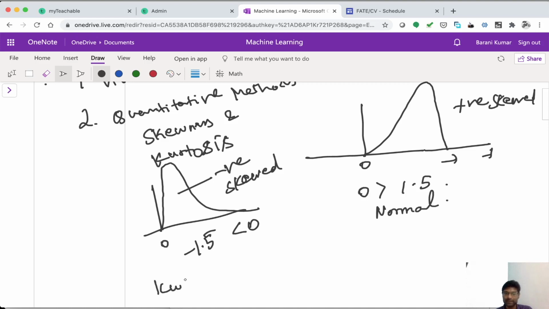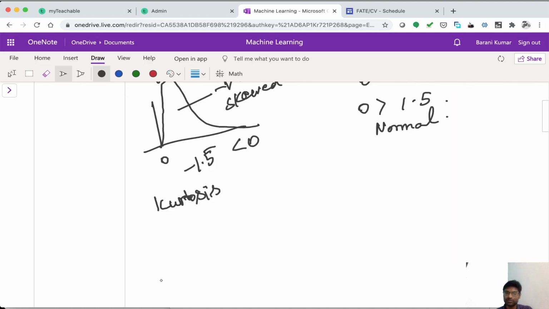And the second parameter, kurtosis. Again, this is going to be a visual representation as well as a quantitative value. The visual representation for kurtosis represents the height of my distribution. Say a normal distribution has a kurtosis of 3.